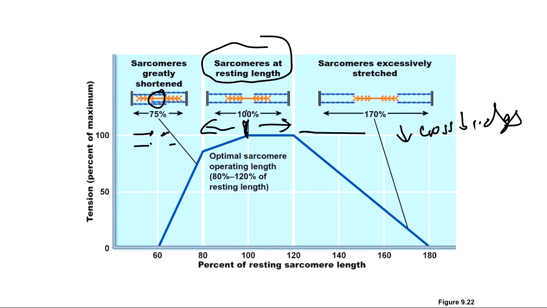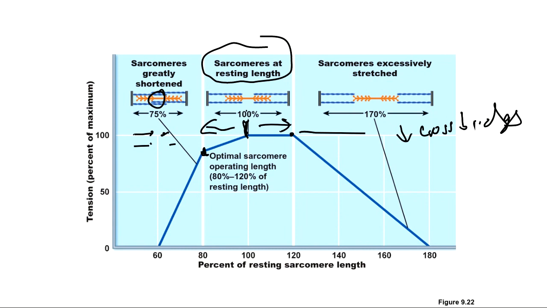So the force of contraction decreases if we constrict the sarcomere further than 100 and then 80%. And on the other side of the spectrum, the strength of muscle contraction will decrease if we stretch the sarcomere past 120%. Okay, so again, a little bit of an abstract concept, but it is important.